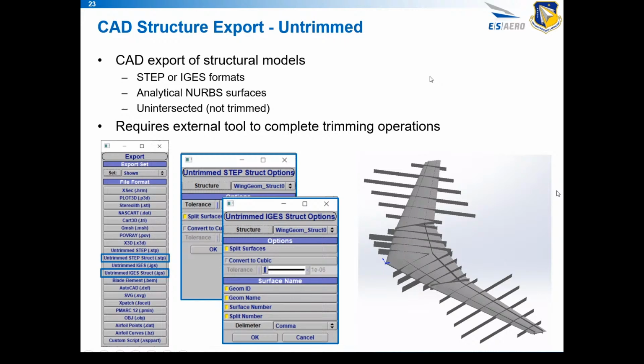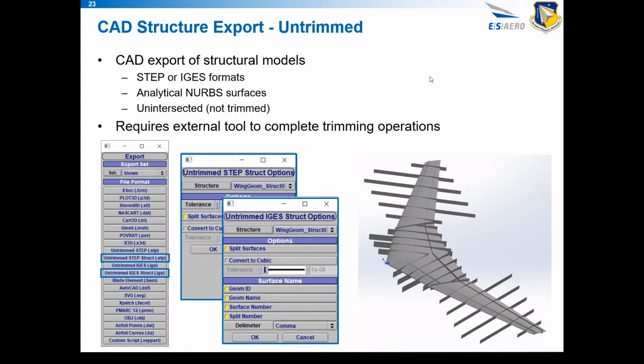So the next thing I'm going to talk about is one of the newer additions, two different ways to do it. We have CAD exports available. You can do untrimmed CAD exports, which is going to give you something like what you see on the bottom right. When you're adding FEA parts and you see them in the 3D view, those are just cutting planes, and when you export them as untrimmed, they're not going to be trimmed against the surface or anything like that.